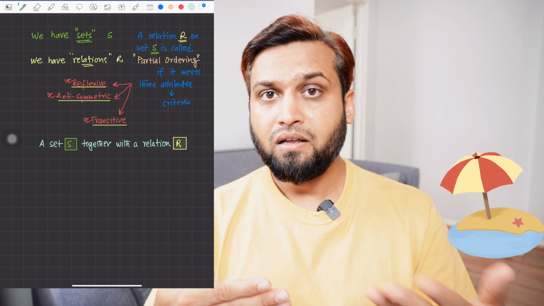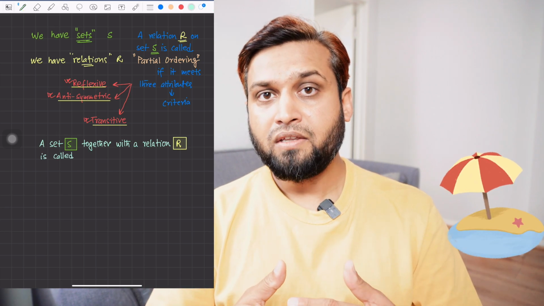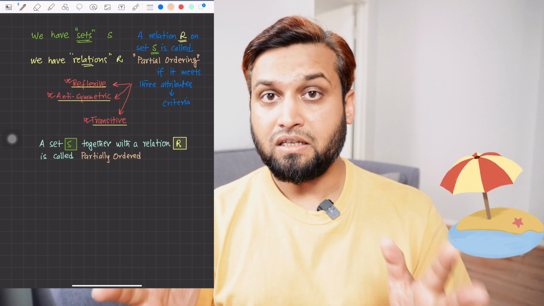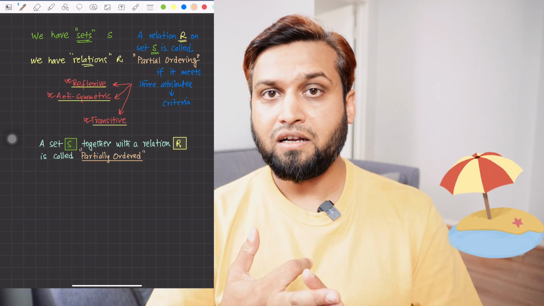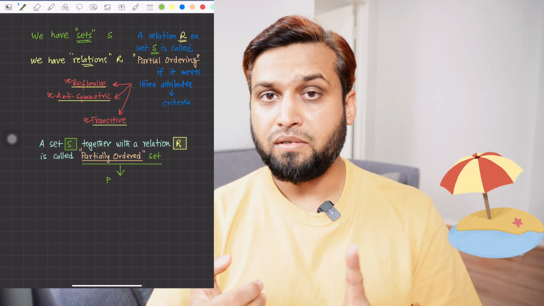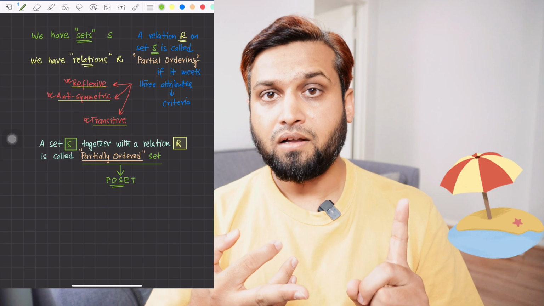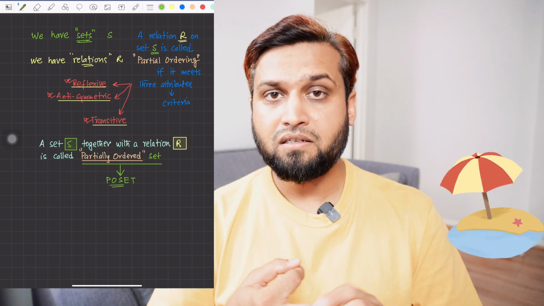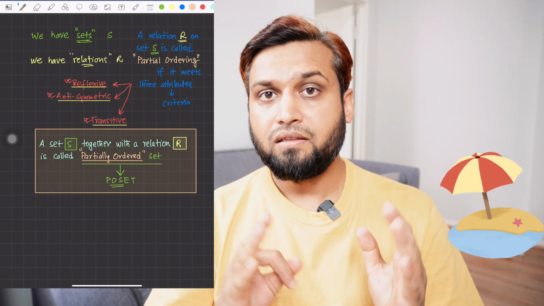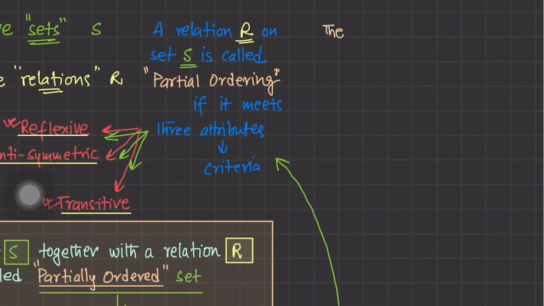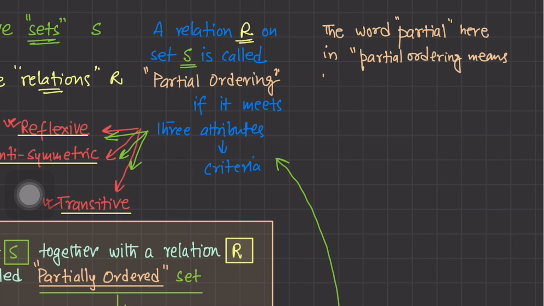I explained that a partially ordered set is a set in which the elements in the set follow 3 criteria or 3 principles, which is they should be reflexive, they should be antisymmetric, and they should be transitive. So if the elements have these criteria, then they are called partially ordered set. So what is partial means here, right? The word partial here in partial ordering means that not every element in the set is comparable.